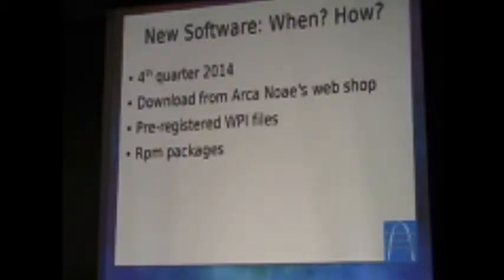Content's getting there. Over time, that content will expand, but it's going to be one place. If you go to Arca, you will be able to find what you need in the way of driver updates. You will be able to put your support tickets in. They will get answered. If you need support subscriptions, you will be able to get them and all that sort of stuff. And in terms of how things are going to be distributed, we're going to try to make it as convenient as possible.